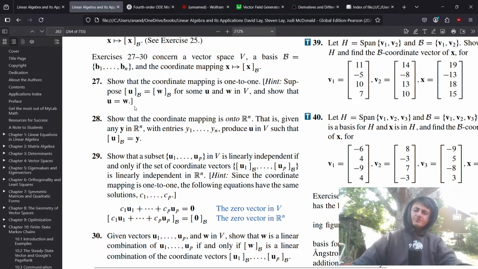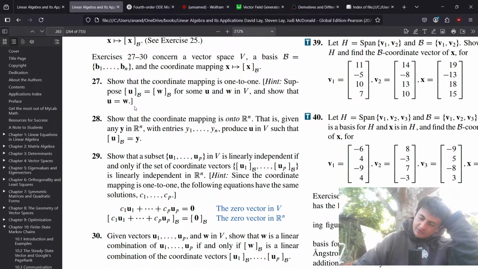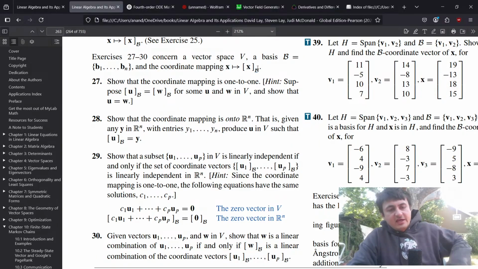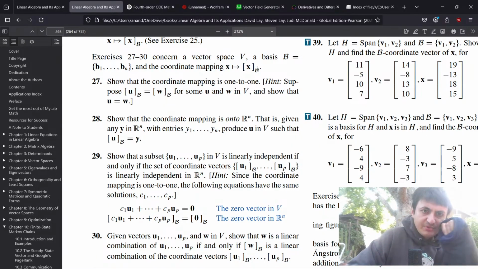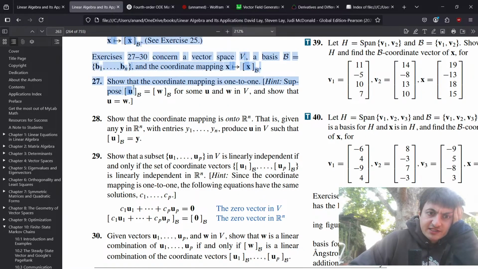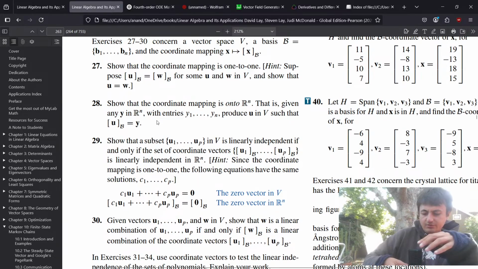All right, 27 is pretty good. I guess what you want to do is that you say given u and w, you have some matrix P inverse that maps u to u relative to B, and w maps to w relative to B. Then you suppose that u and w are not equal, but that this is equal, but then you apply P to both sides, and then you find that u must be w.